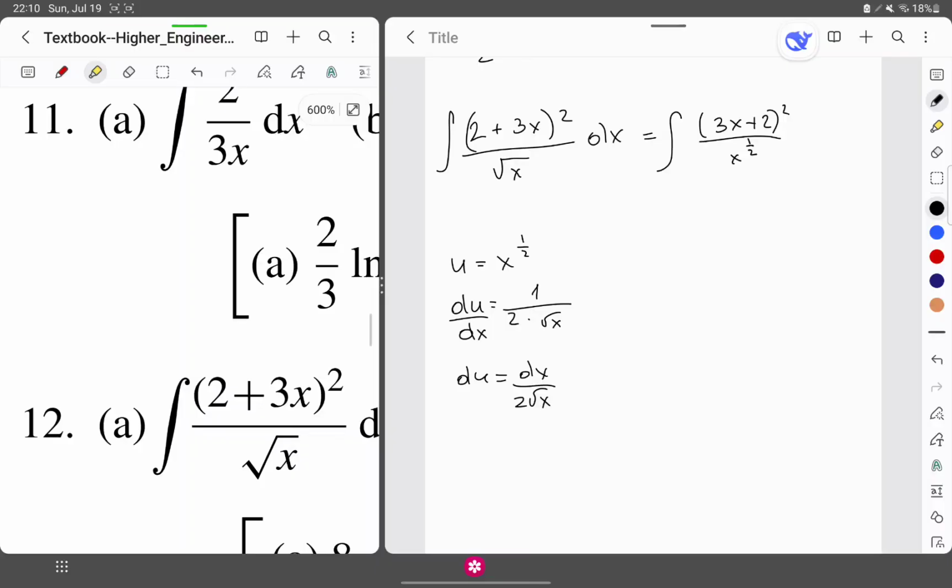So 3x plus 2, dx, we have dx, 3x plus 2 x to the power of 1 over 2. Oh my gosh, I got really confused.